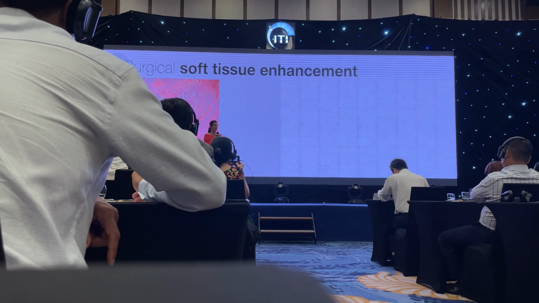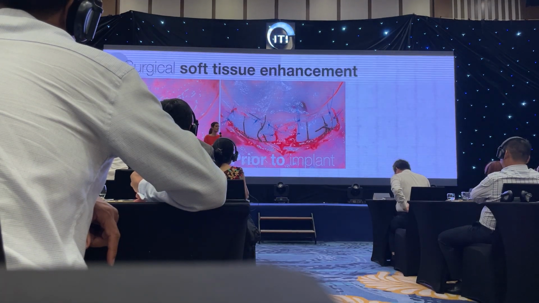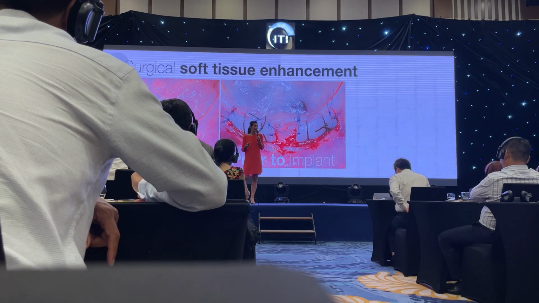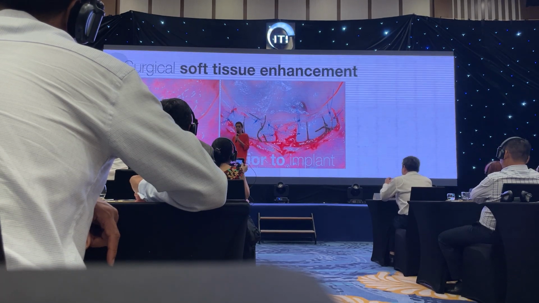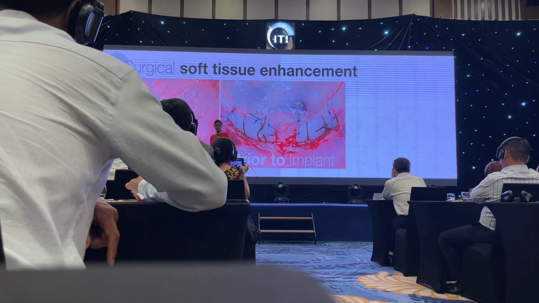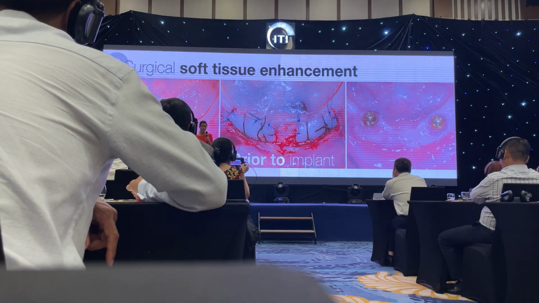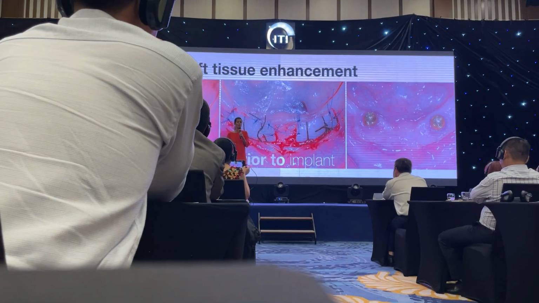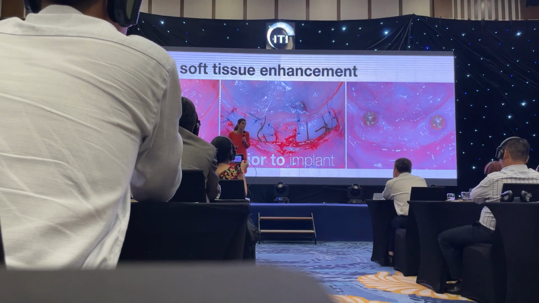We have a really limited amount of keratinized tissue, so you can do an epithelial connective tissue graft to augment the quantity of keratinized tissue prior to implant placement, and then you have an environment around your implant that is much more favorable for long-term stability.